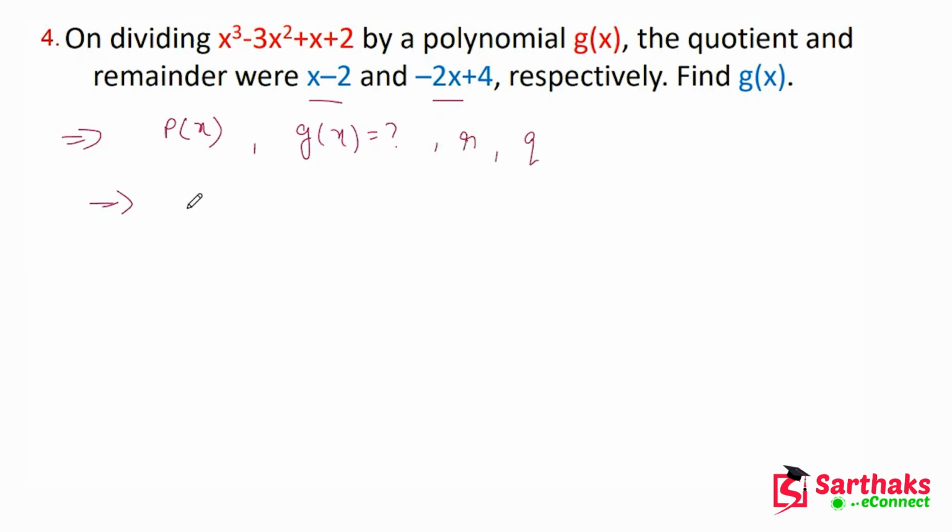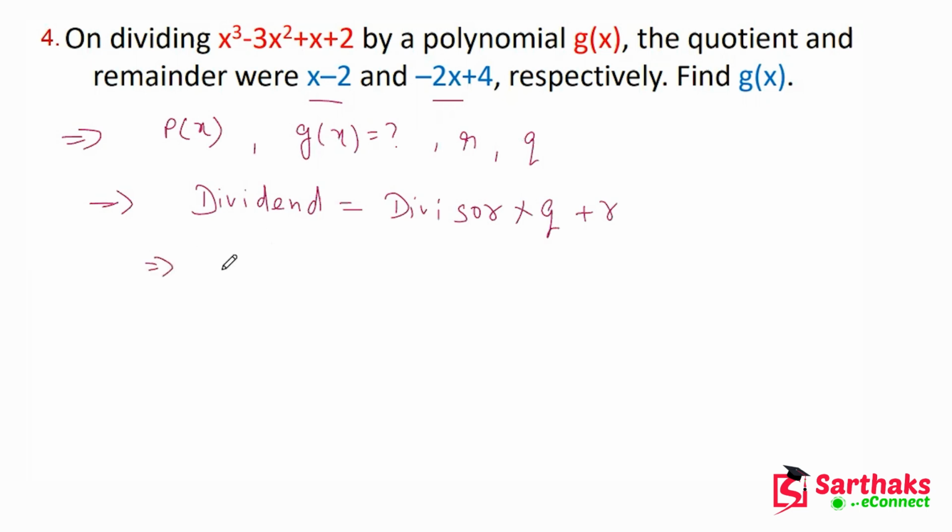So the formula is that dividend is equal to divisor into quotient plus remainder. Okay, so now what is the dividend?